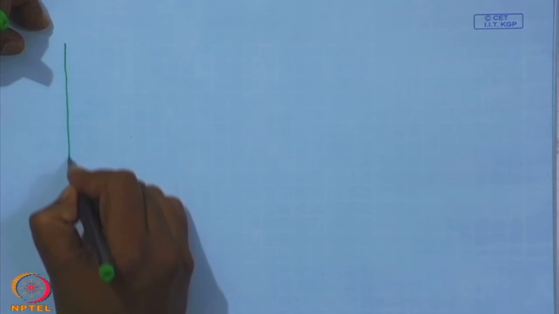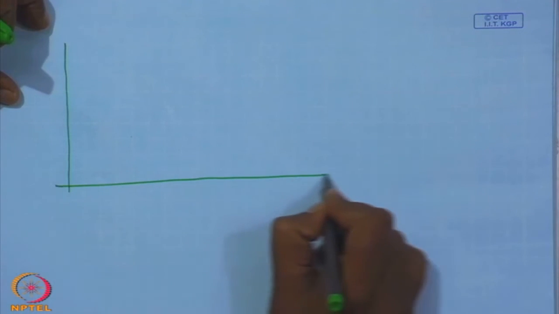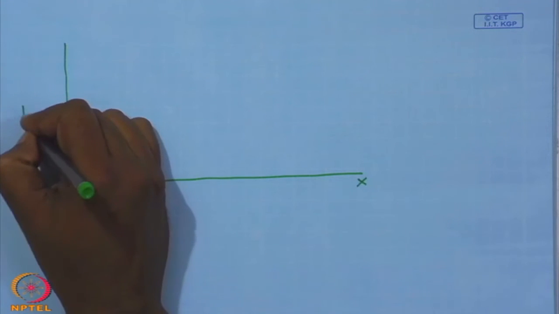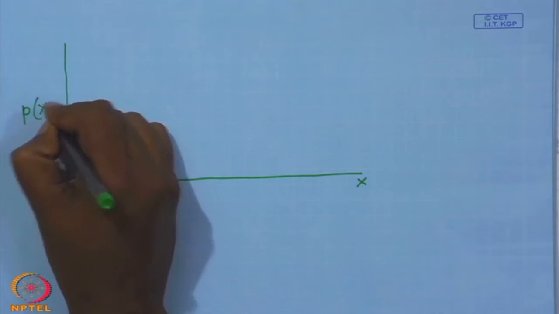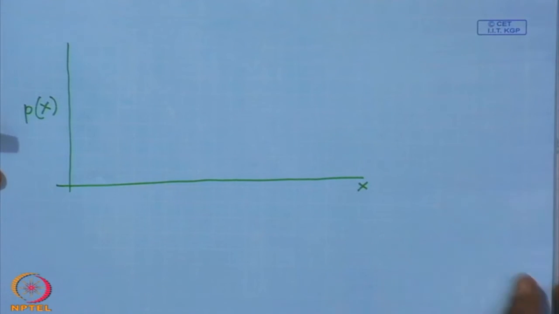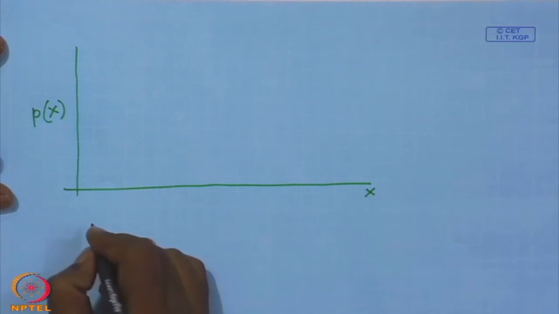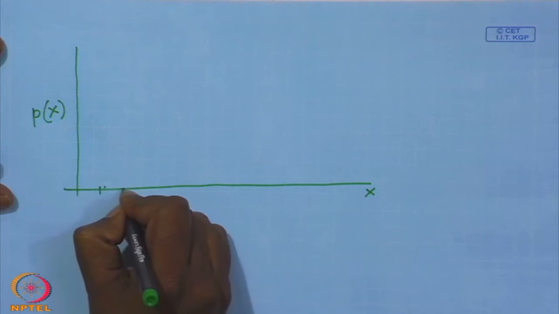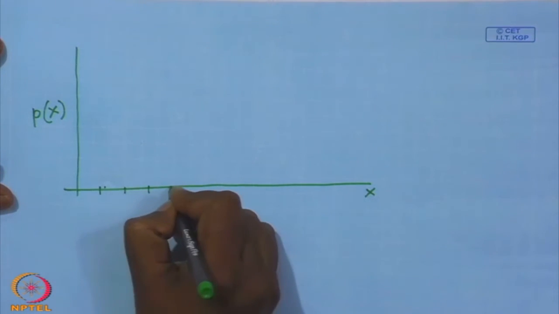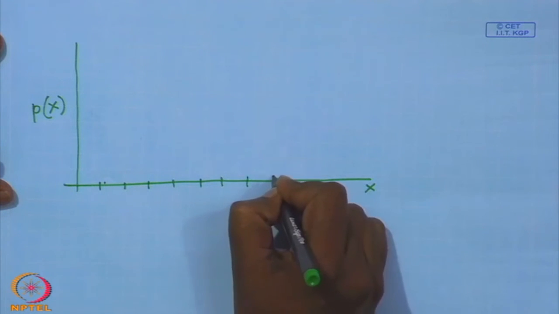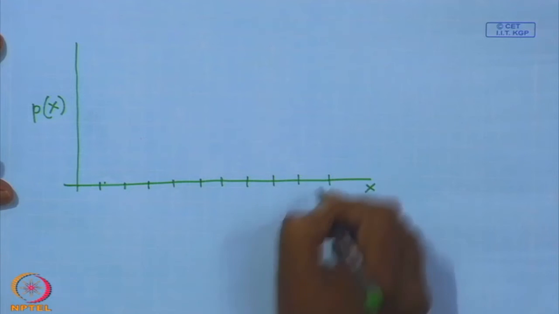So, first let us see what the situation will be if I assume that the bin width is equal to 1. Okay. So, this is x, and on the vertical axis I want to put the estimated probability density, which is p of x, and this is divided into bins of width 1. So, 1, 2, 3, 4, 5, 6, 7, 8, 9 and 10.